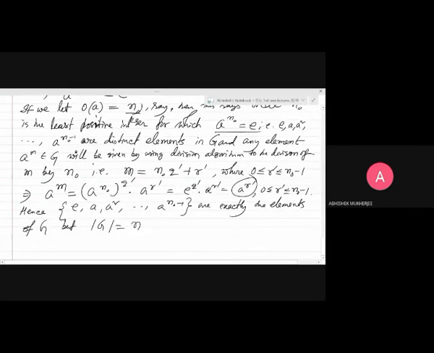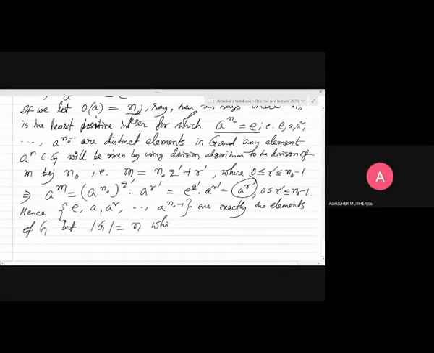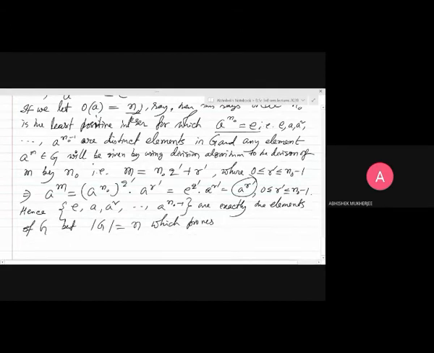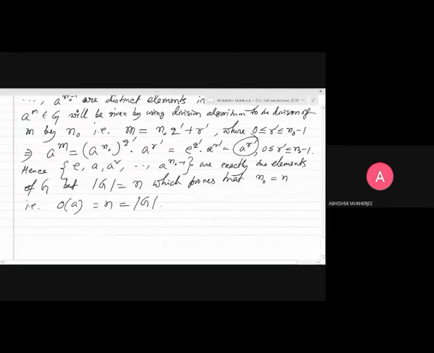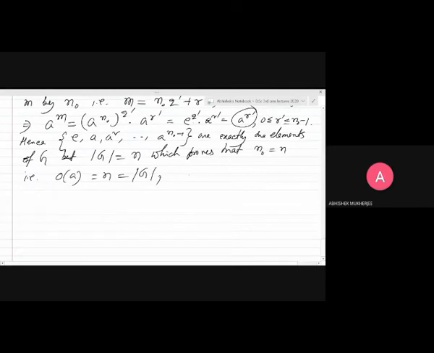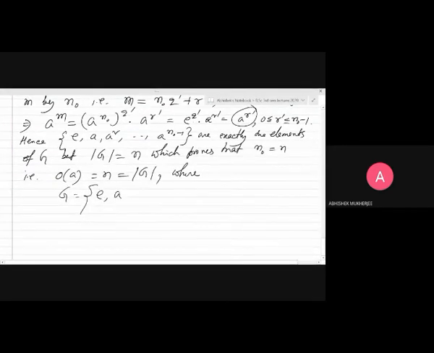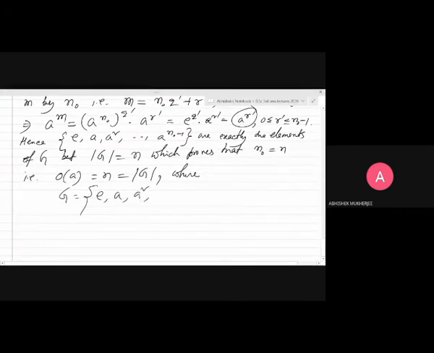It is n, which proves that n naught equals n. That is, order of a is n. That is order of G, where the distinct elements are e, a, a squared, up to a to the power n minus 1. Fine.